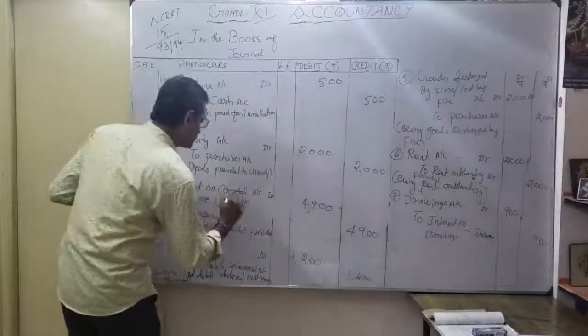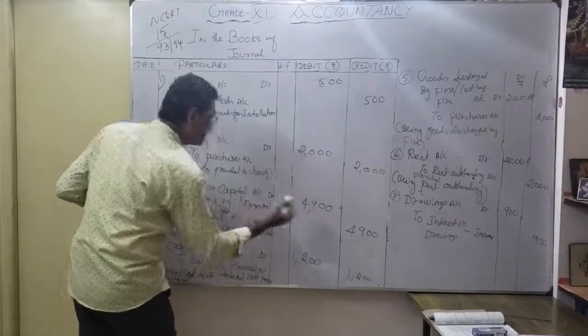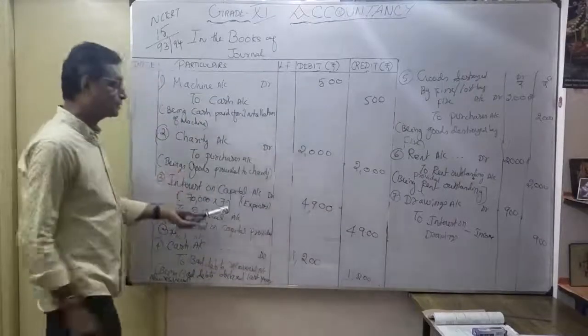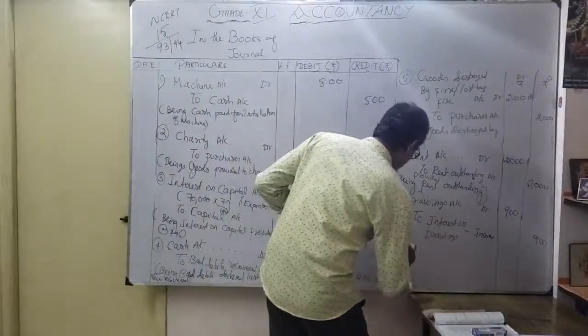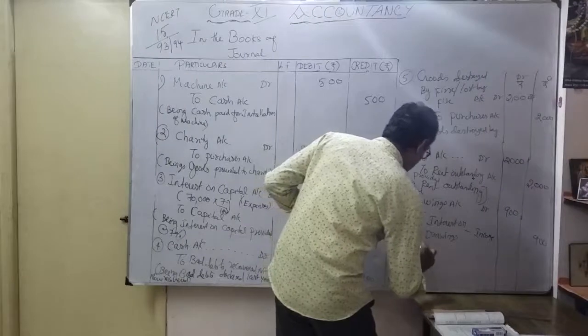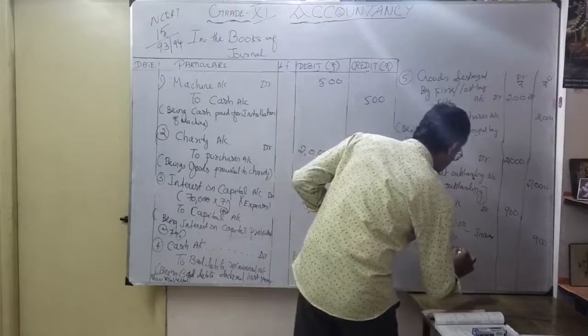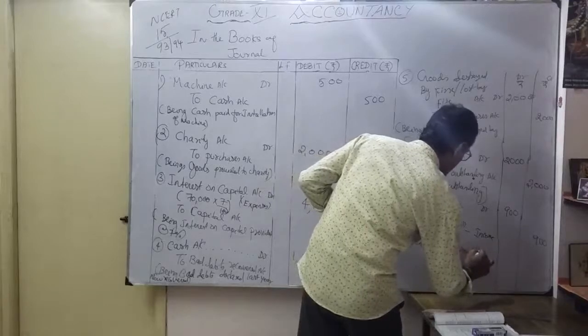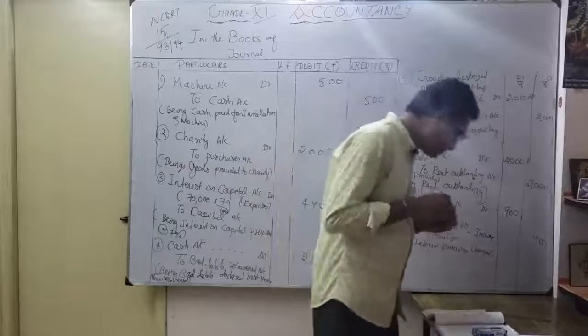Here interest on capital comes under expenses. You understood the comparison between interest on capital and interest on drawings. Okay, narration, you know: being interest on drawings charged. Okay, that's our sixth one.